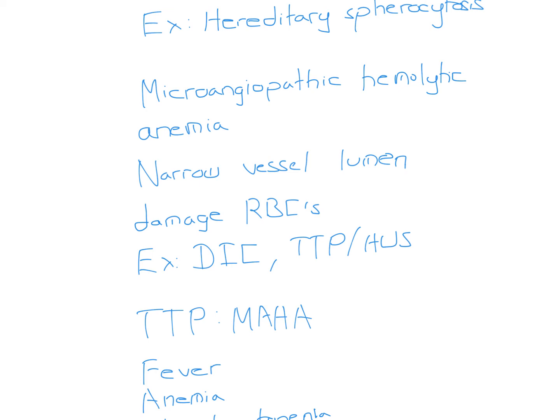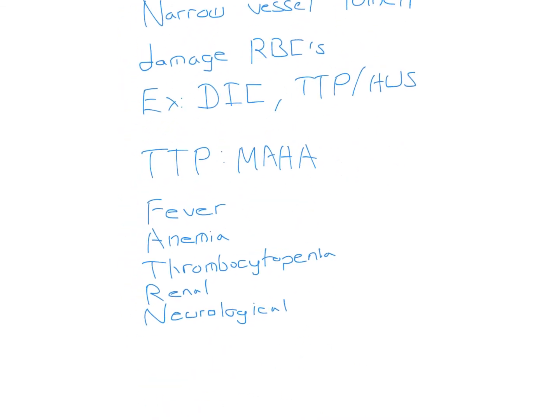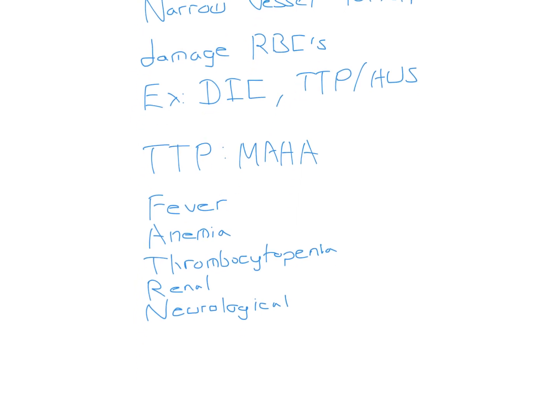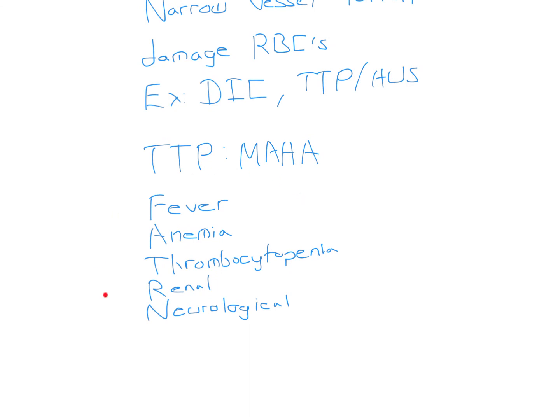And so finally, we have TTP, which is the other answer choice. So notice how it's right here underneath the microangiopathic hemolytic anemia. It's a subtype, or it can cause this. And so in this case, you would have to have this pentad.